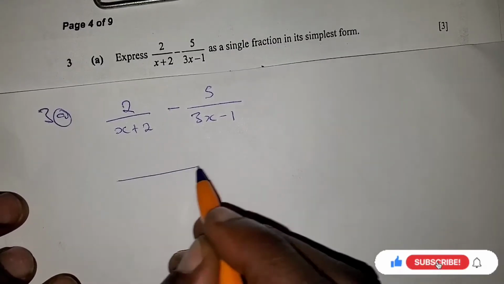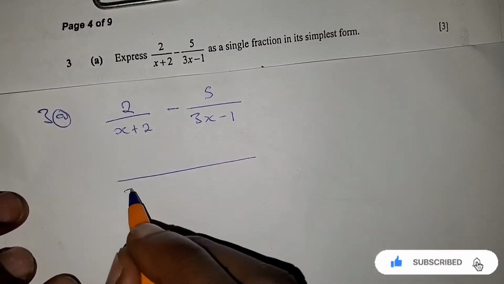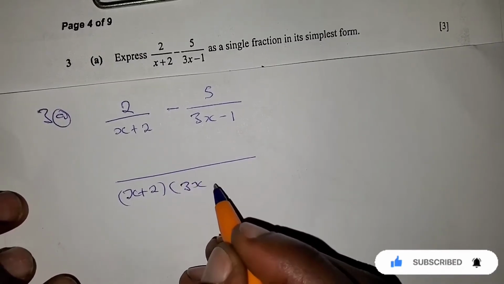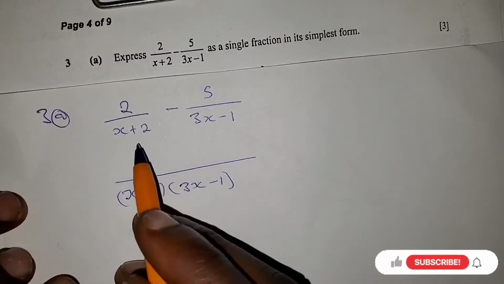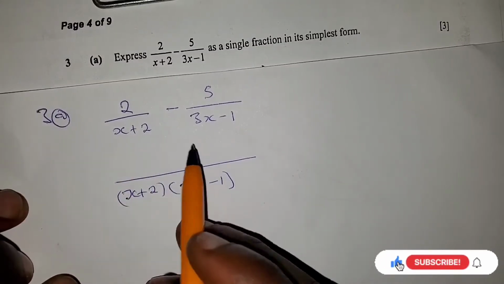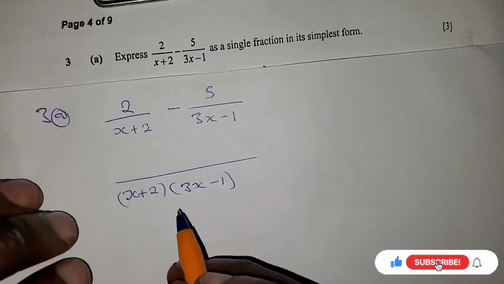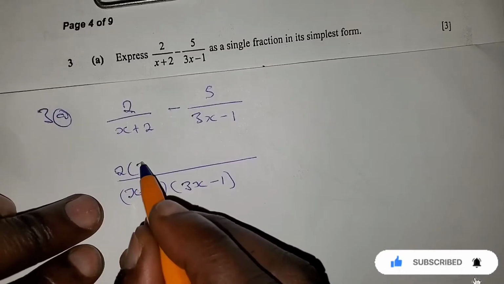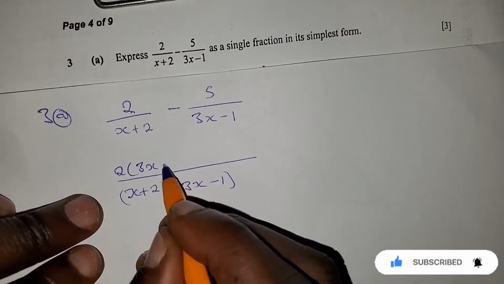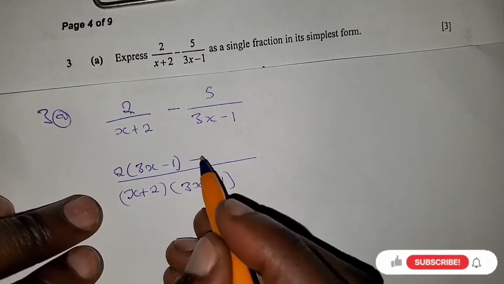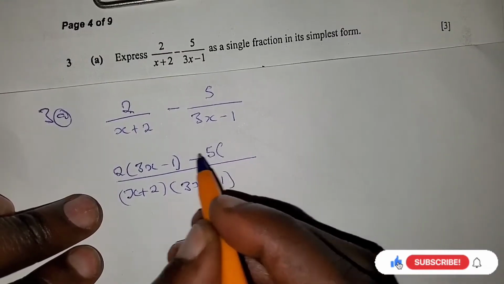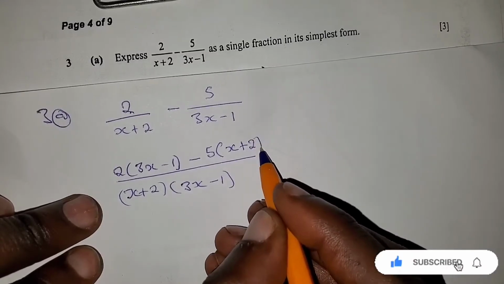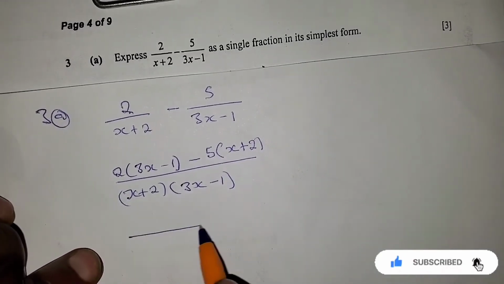Since you don't have a common denominator, write this in brackets, show that you're multiplying. If you don't have what is common, you multiply them. Now you multiply the 2 by this denominator 3x minus 1, then minus, then the 5 multiplied by x plus 2. All right, then we can expand.